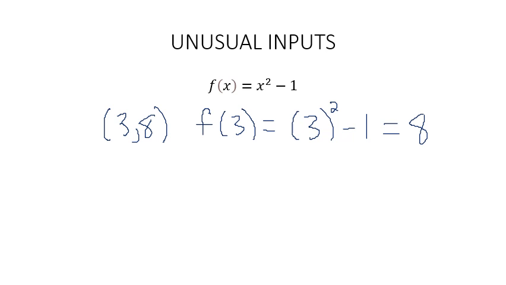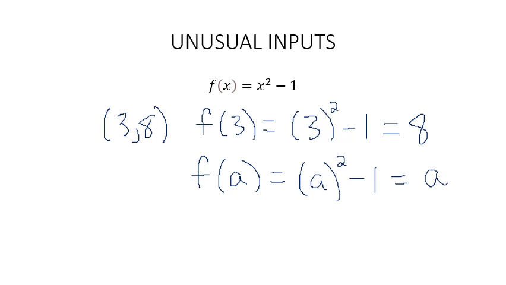But I'm not limited to numbers. I can also replace this with letters. So I can ask for f of a. So the x has been replaced by a on the left-hand side. I'm going to replace it with a on the right-hand side and simplify as much as possible. Not much I can do. A squared is a squared.